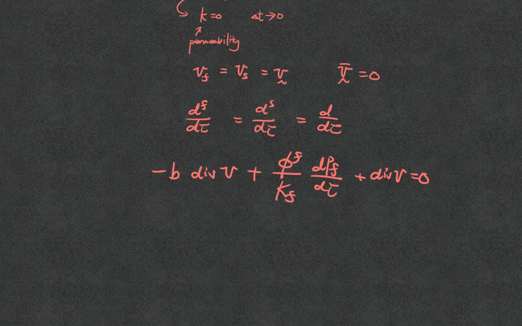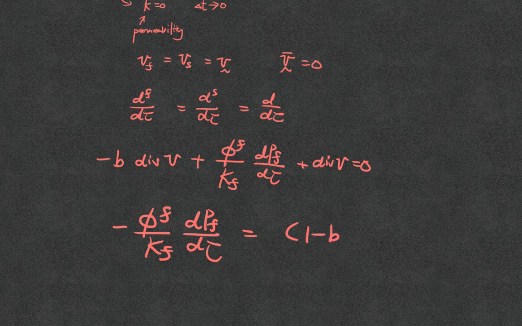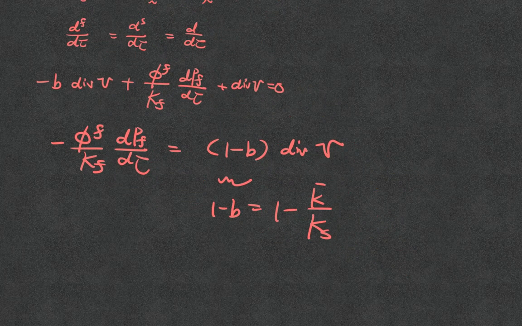So in this particular case, I would have this term coming out on the one side, and then the other term would become 1 minus small b times divergence of v. And this 1 minus b equals 1 minus K of the solid skeleton divided by the intrinsic bulk modulus, which is called the Biot coefficient.